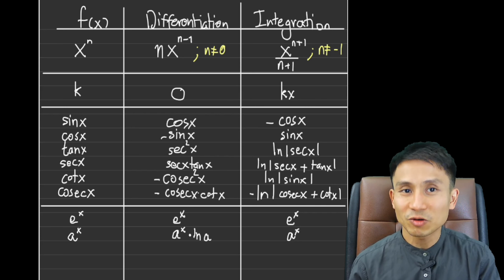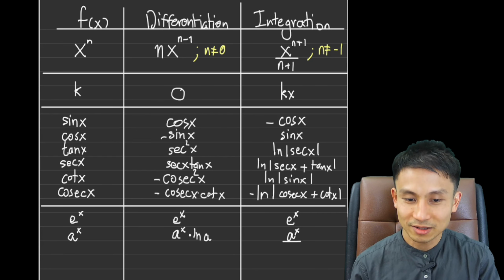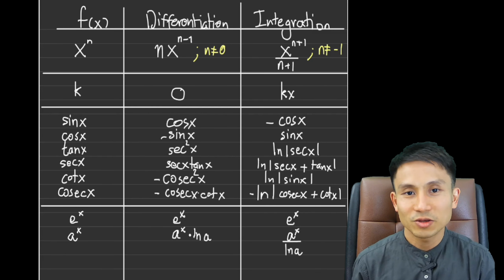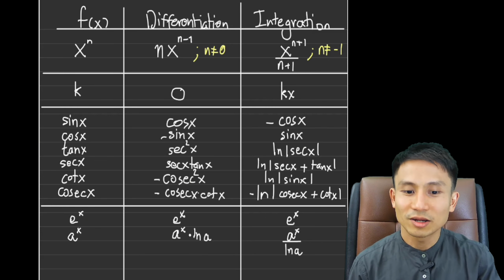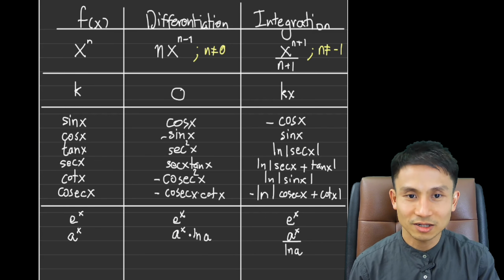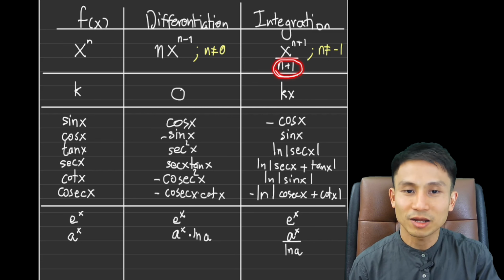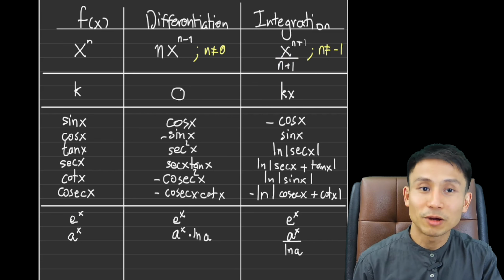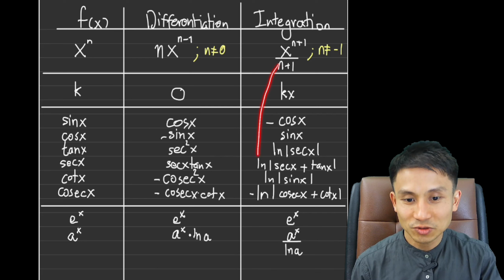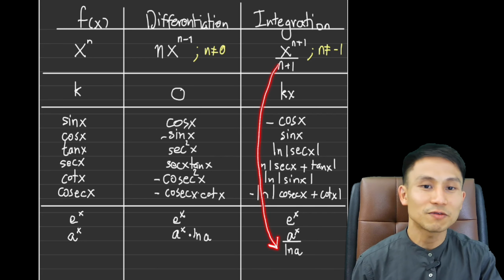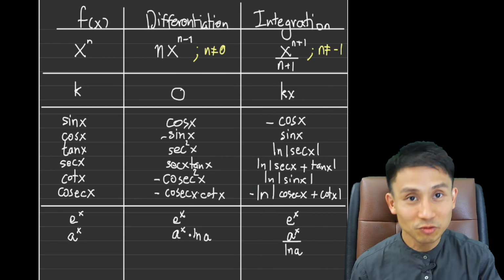Now, instead of multiplying, you divide by that ln a. You can see the pattern here that the division of the constant is not new, because we already have the division of n plus 1 here when we integrate a polynomial function. So as you can see, this is a similar behavior for you to observe so that you memorize it better.